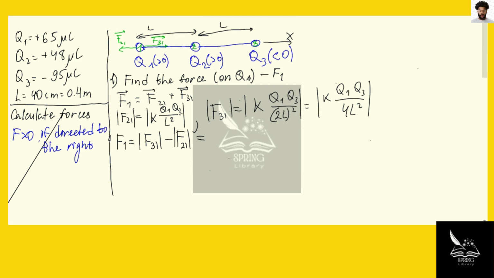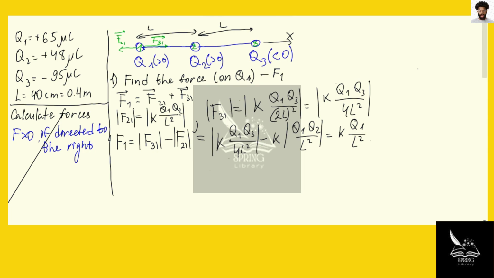So in other words, the absolute value of K Q1 Q3 divided by 4L squared, minus K multiplied by Q1 multiplied by Q2 divided by L squared, equals K Q1 divided by L squared.